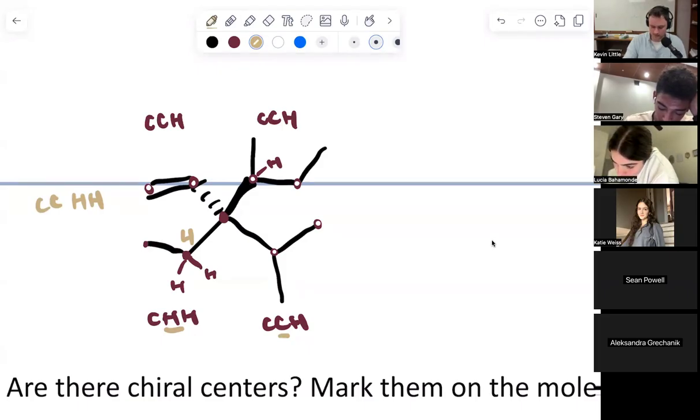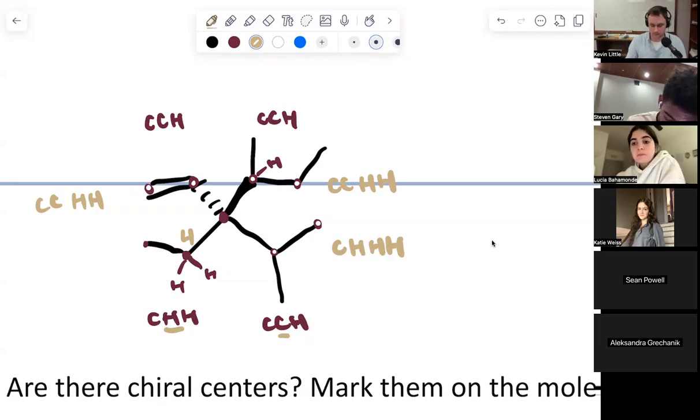The top right is bound to two carbons and two hydrogens. The bottom right is connected to one carbon and three hydrogens. Is there a difference between any of these? Bottom right, right? So this has now become my three.